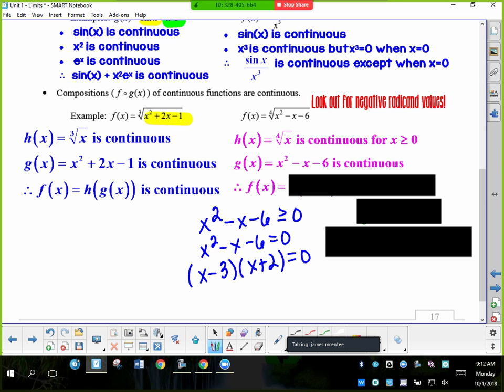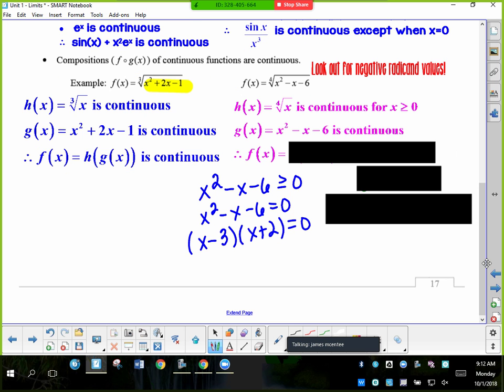After we've factored it, Marissa, what's your next step going to be? We factored our quad down. Yeah, so would you write out? Right, and? So we get critical values at x equals 3 and x equals -2.